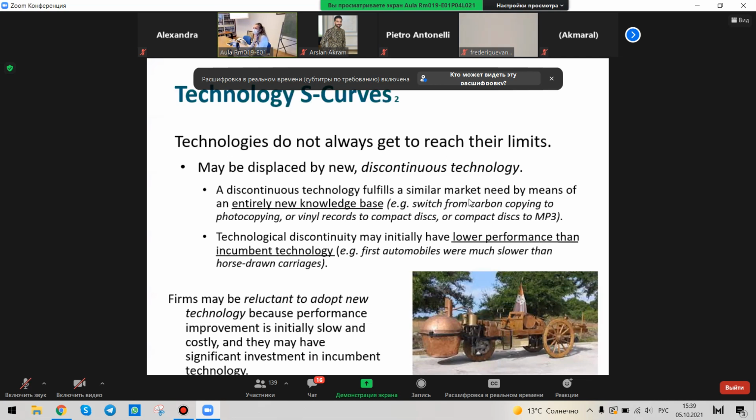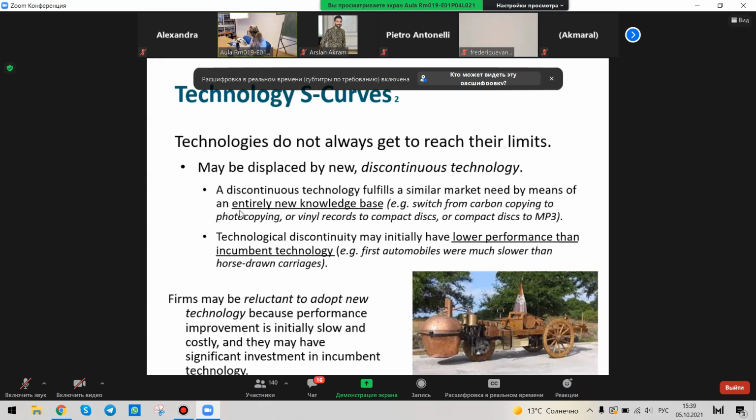So what is a discontinuous technology? Something that breaks the normal shape of the S-curve of a technology. It is something that, of course, is based on an entirely new knowledge base by fulfilling the same needs. So, for example, the need to have a headphone is substituted or is fulfilled by a new technology.